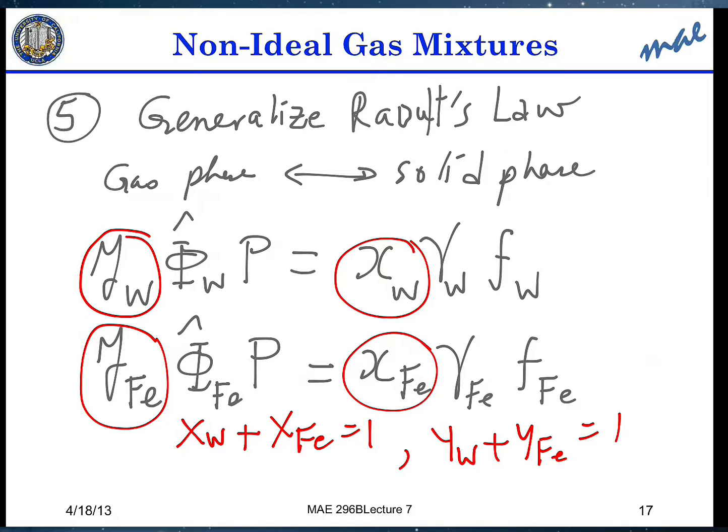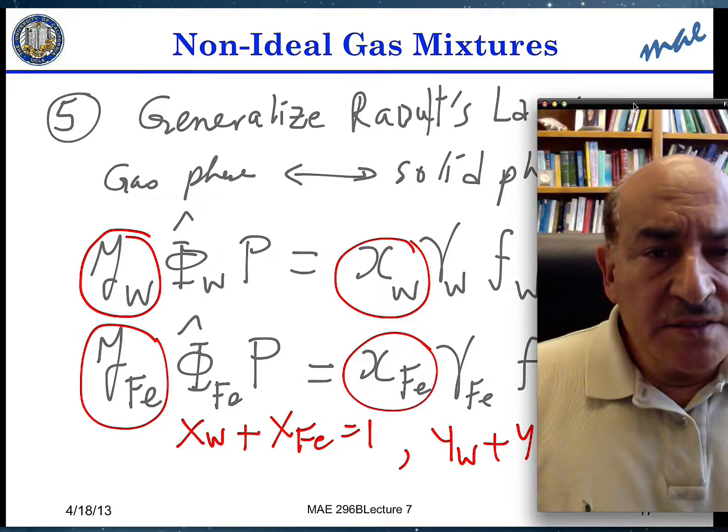And hence I will be able to compute all of the concentrations in the alloy as if it is in equilibrium between the gas phase and the solid phase.